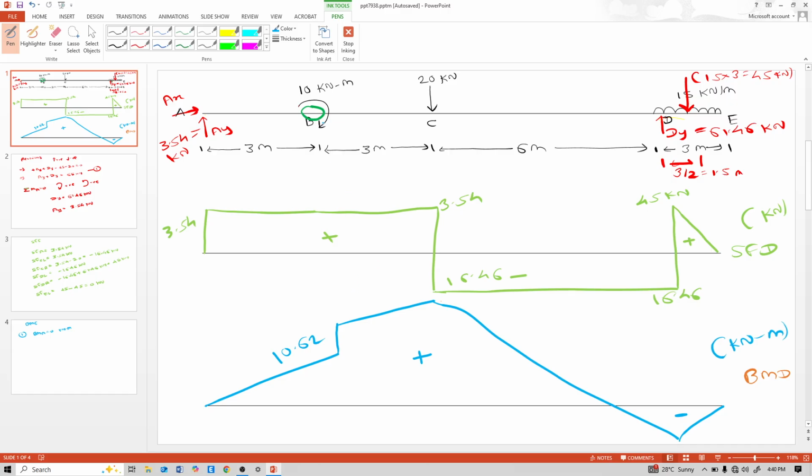Now up to here moment is 10.62, but see this clockwise 10 kilonewton meter moment. So addition of this clockwise, that means positive. 10.62 is this, and plus this 10, so it is 20.62. So up to here it is 20.62.